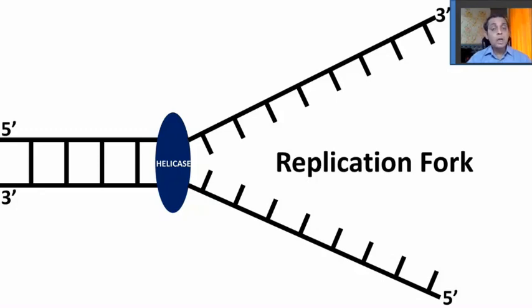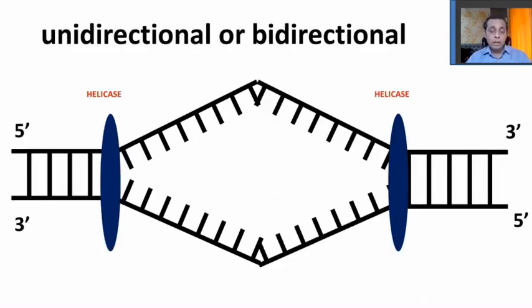Now, mind you, students, here this is only one side of the DNA. Don't forget, wherever the replication fork is formed, there is going to be one more fork opposite to that in this manner.